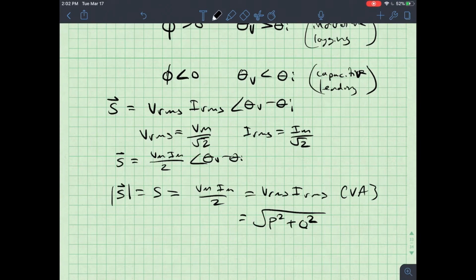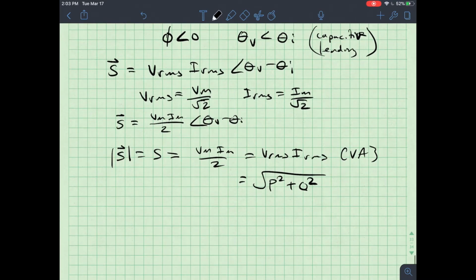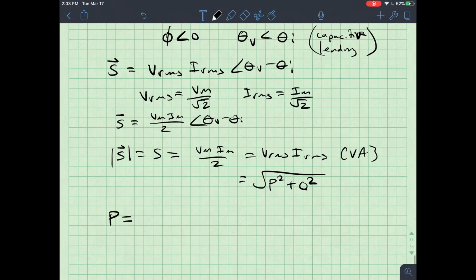Let's go back to P, my real power. P is just the apparent power, S, that's the magnitude of complex power, times the cosine of phi, or in other words, it's Vm Im over 2 times the cosine of theta V minus theta I. This should be consistent with the definition we've seen in earlier videos.